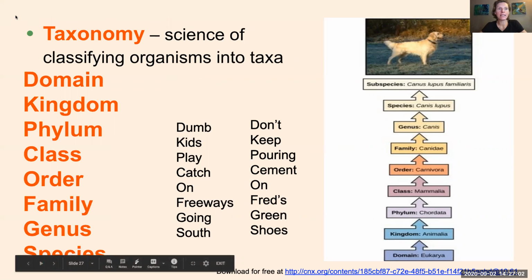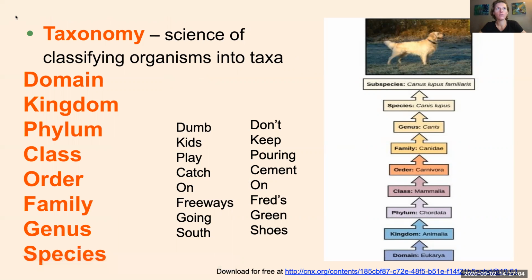You need to memorize these again. Hopefully you memorized them in 181, maybe not. If not, you're going to memorize them here. This is the classification system for taxonomy, starting with the broadest: domain, kingdom, phylum, class, order, family, genus, and species.